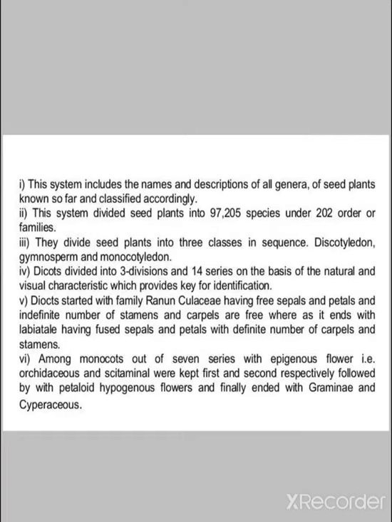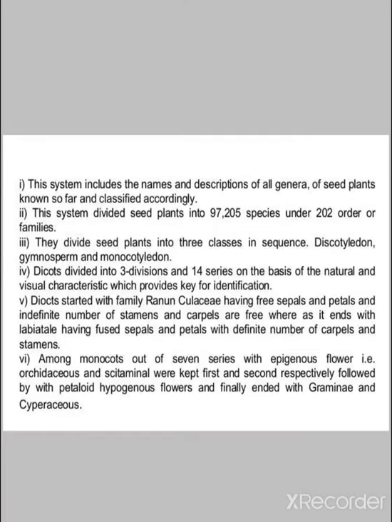Dicots are divided into 3 divisions and 14 series on the basis of natural and visual characteristics, which provide a key for identification. Dicots start with the family Ranunculaceae, whose characters are free sepals and petals, an indefinite number of stamens, and free carpels, whereas it ends with Labiatae, having few sepals.